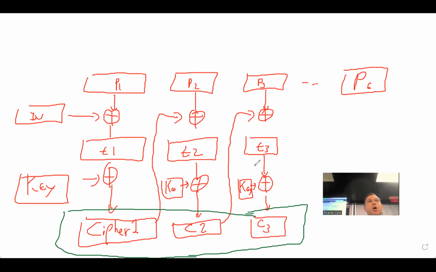For the first one, 1 minus 1 is 0. So whenever it's 0, you cannot grab it from here. Instead, you use the initialization vector. Do you guys see that? Is this making sense? How we can approach this one? So we can actually go forward, given that we have the ciphers here.